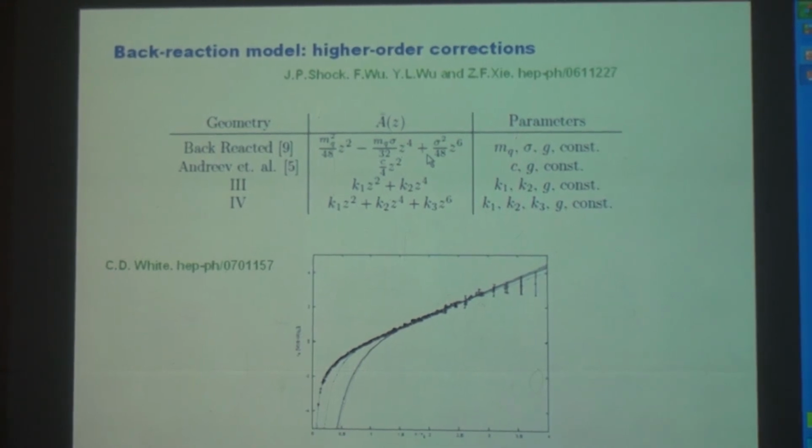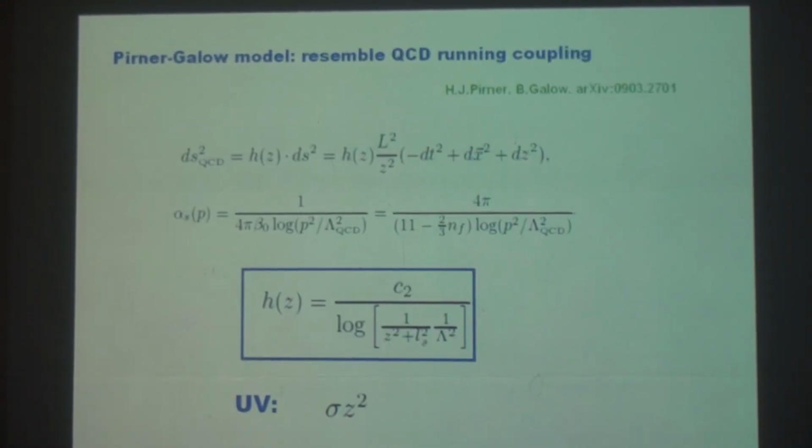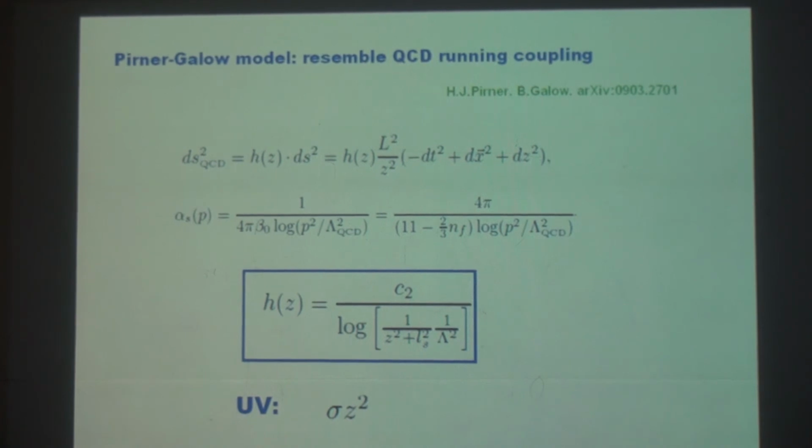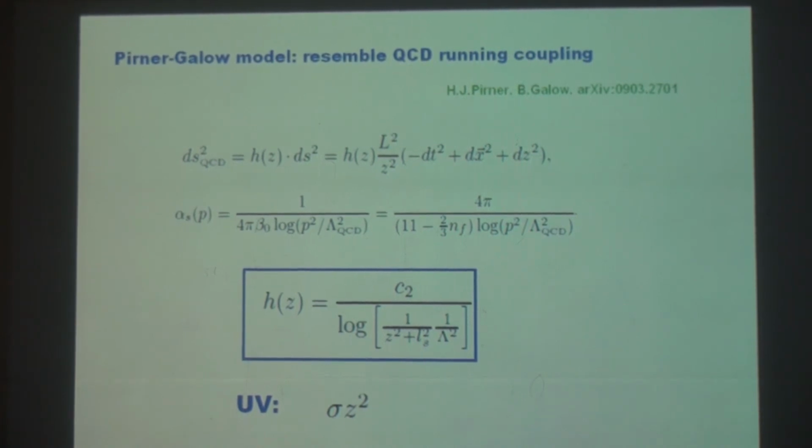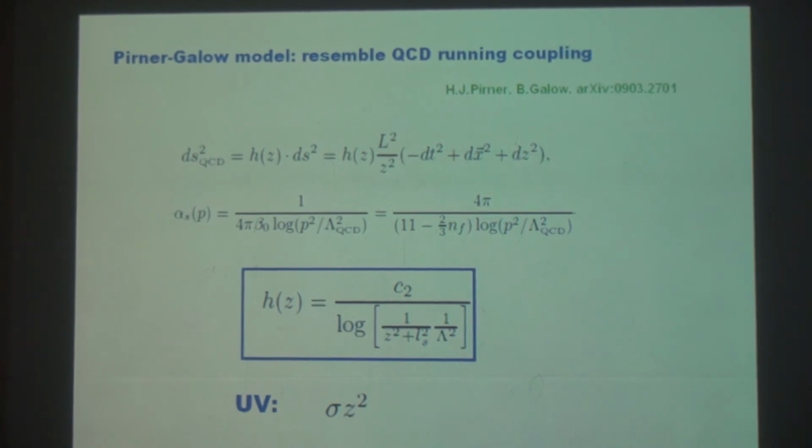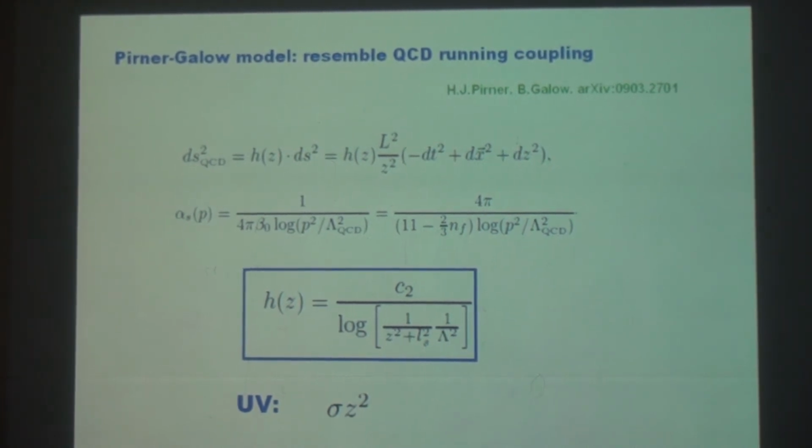Also some other people from Heidelberg introduced some kind of ansatz for how to deform the AdS5 metric. The idea is that if you have AdS5, it's a conformal theory, right? But you know that in QCD the coupling is running, while for a conformal theory the coupling is a constant and doesn't run.